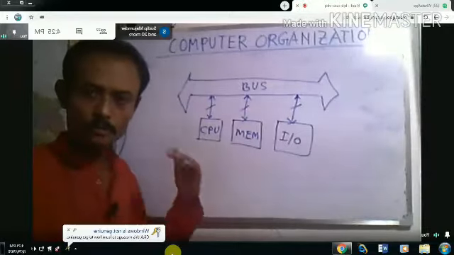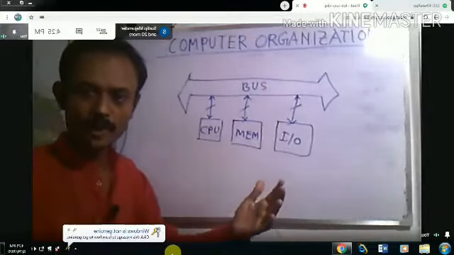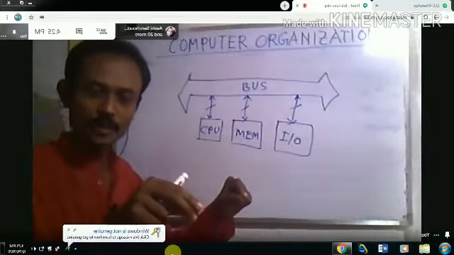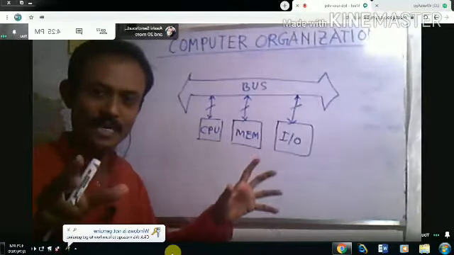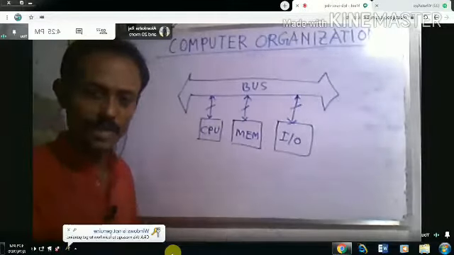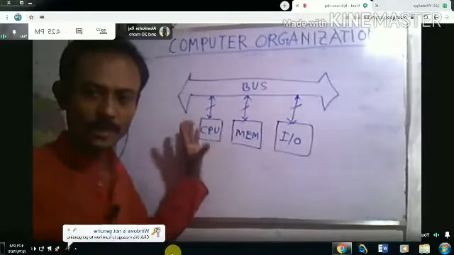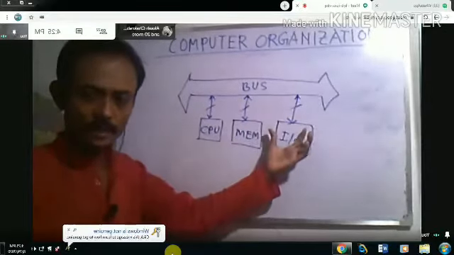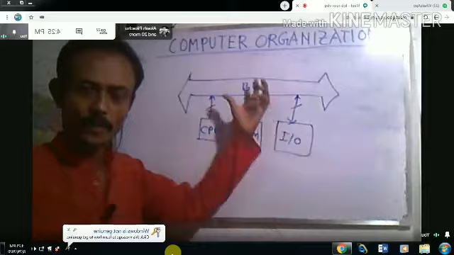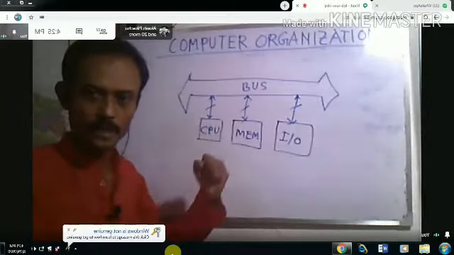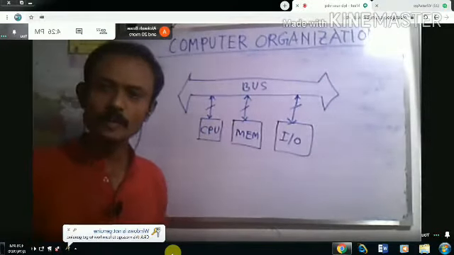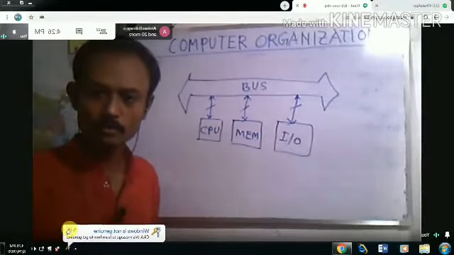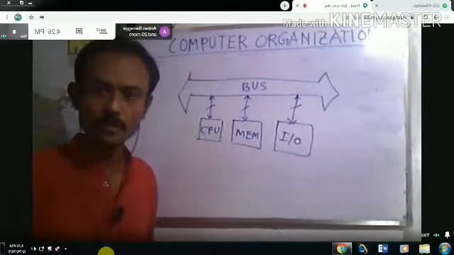So from today, in the consecutive lectures, we will cover the CPU and see how the whole thing is actually done. After covering the CPU part, we will move to the memory part, which is also very important, and then we will discuss the remaining parts, the I/O part and the bus part. Clear?